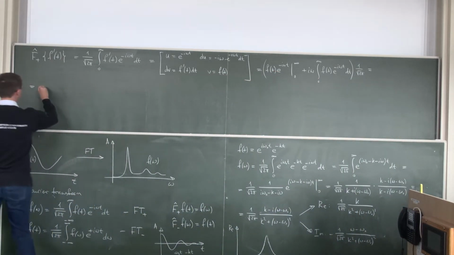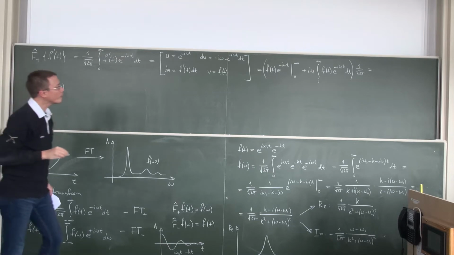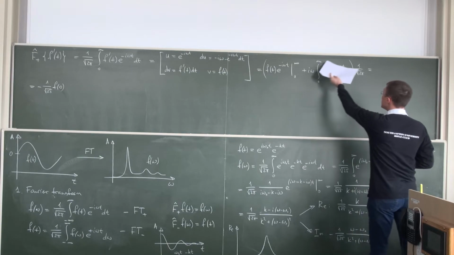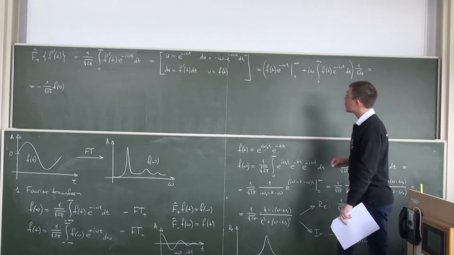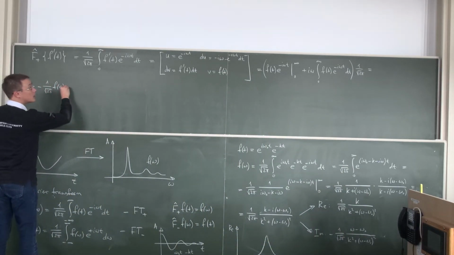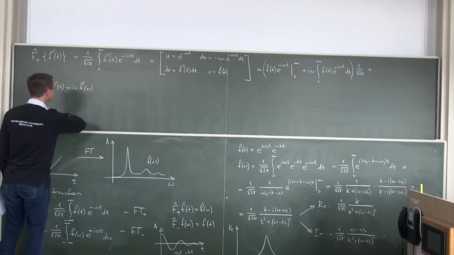So minus 1 over root 2 pi f of 0 here, and then plus i omega, and that, always 1 over root 2 pi, is the Fourier transform of the original function. So that is plus i omega, and that's F of omega.